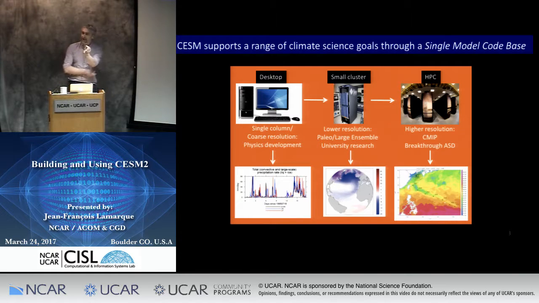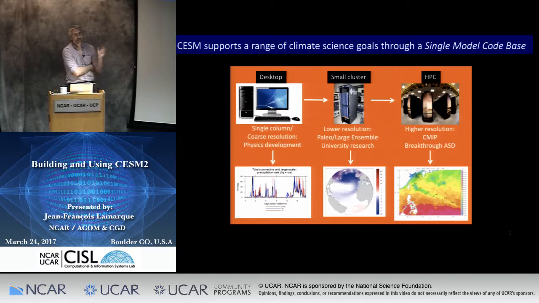And CESM, there's a bunch of Earth system models out there. If you look at the work that goes into IPCC, there are 25 plus modeling groups around the world, all building different varieties of Earth system model.